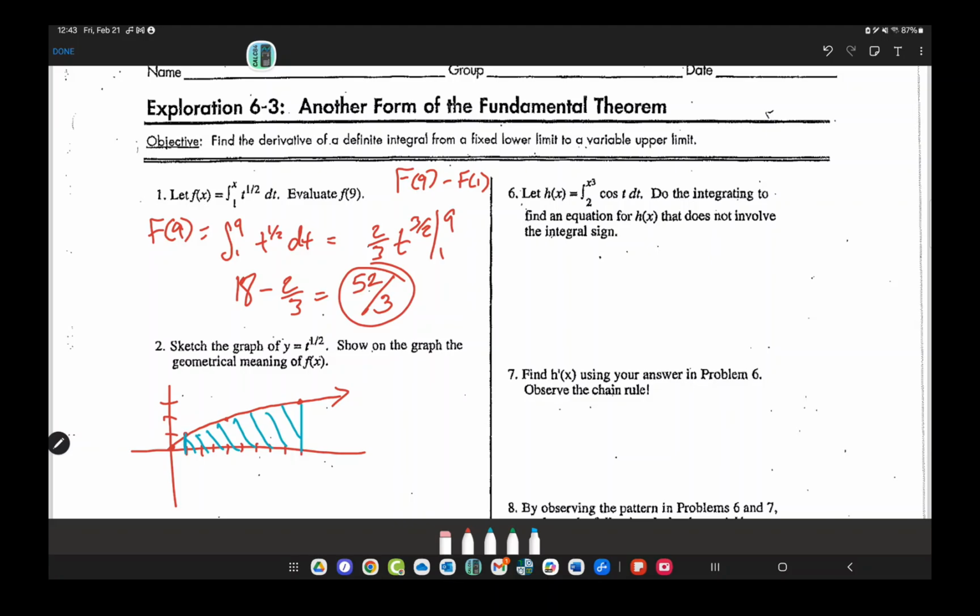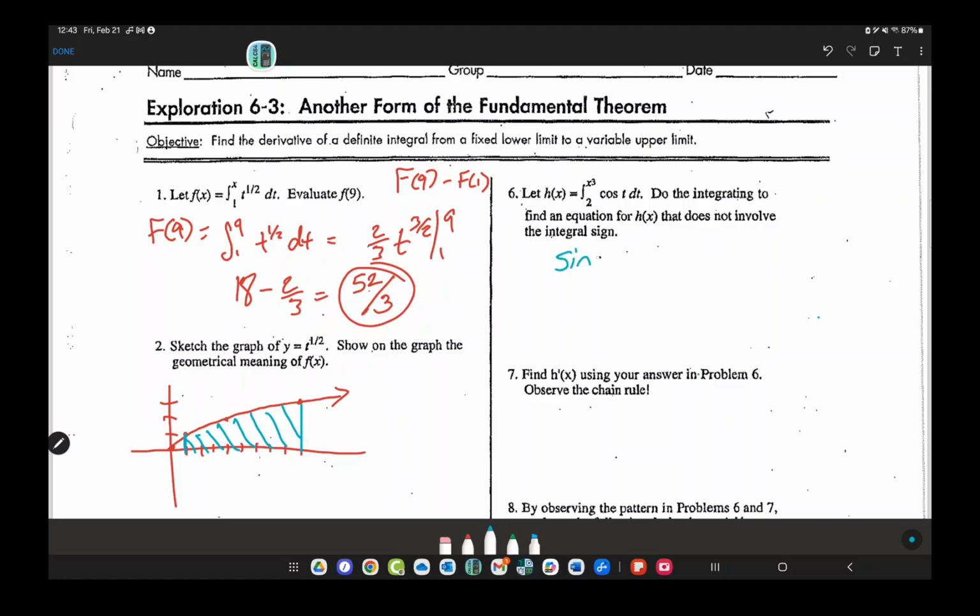So we're going to do this kind of slowly, like we did questions 1 through 4. We're going to do the same concept. We're not going to graph this though. So if I integrate this, what do I get? What's the integral of cosine?